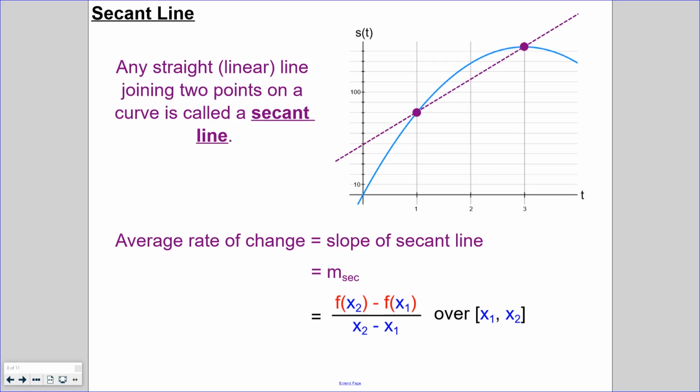So this is the formula that we're going to be using in this course to represent average rate of change, and we need to make the connections in our head that the average rate of change is the slope of the secant line, it is m sub secant, and it is the slope formula over a specific interval, meaning that in order to find the average rate of change, we are going to need 2 points.